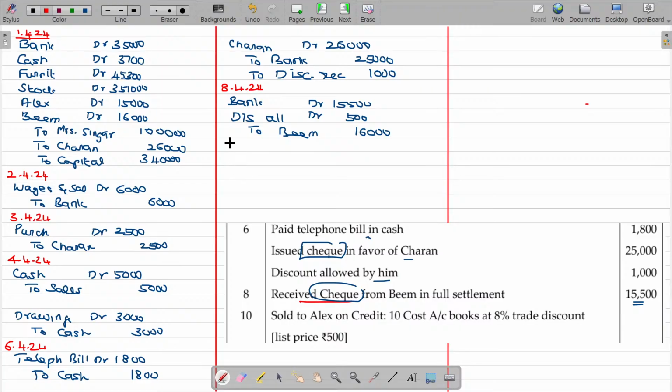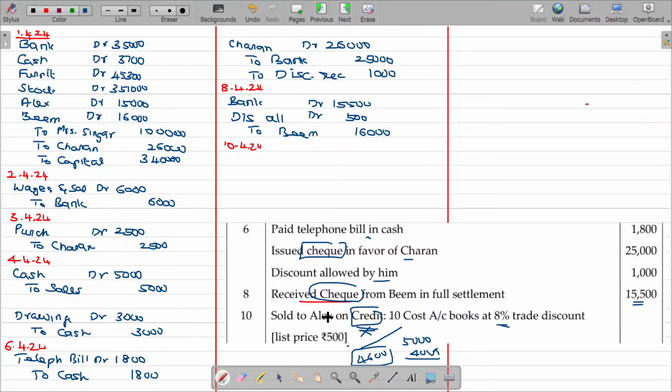Now 10th April 24. Sold to Alex on credit 10 account books at 8% trade discount. So list price being 500, so 500 into 10, 5,000 rupees, but there is a trade discount of 8%, 400. That is not a matter for my calculation, so I am going to consider only 4,600.